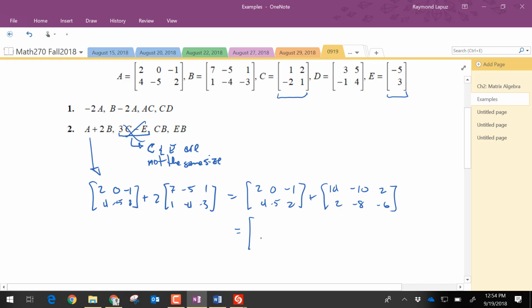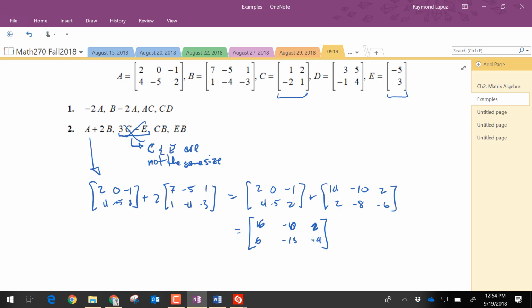And then we can add term by term. We have 2 and 14, that's 16. 0 minus 10, and minus 1 plus 2, and then 4 and 2, minus 5 and negative 8, 2 and negative 6. So to be able to add matrices, you have to have the matrices be the same size.